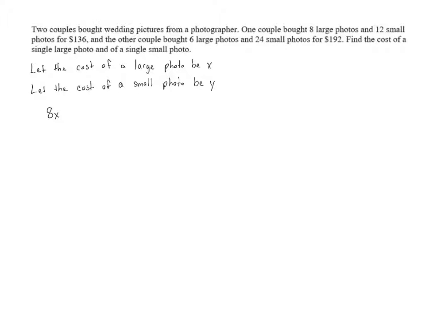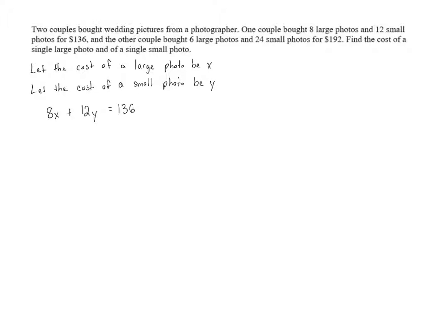Because there's 8 photos and they're x dollars each, we have to multiply. And then plus, they also bought 12 small photos. That's going to cost them 12y, because each small photo is y dollars. In total, their 8 large photos and 12 small photos cost them $136, so that total has to be equal to 136.